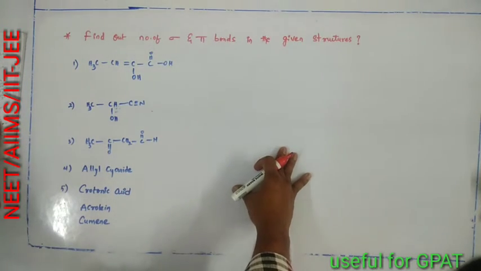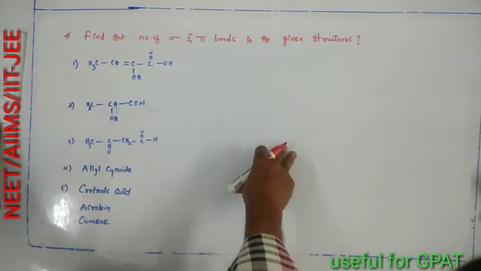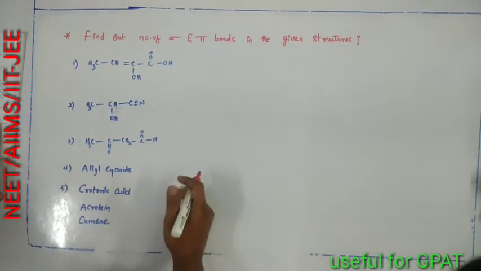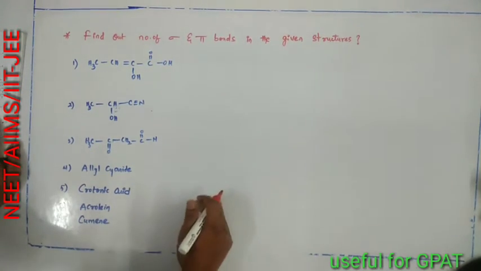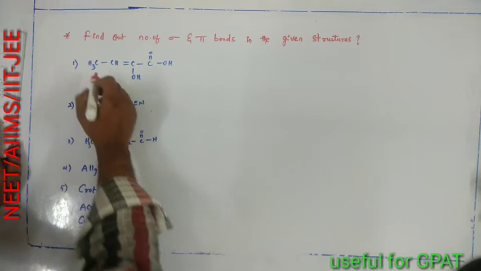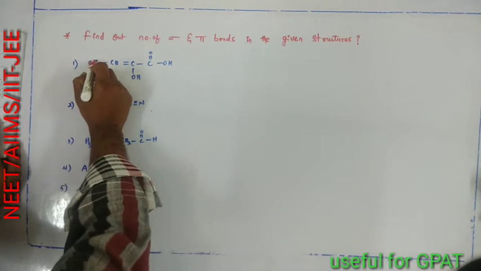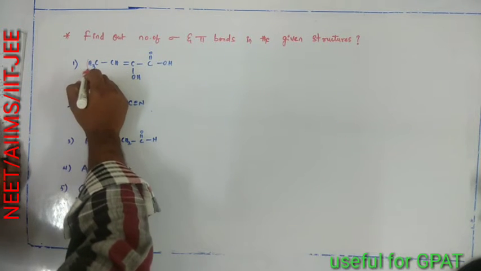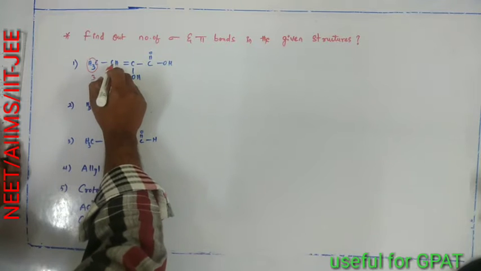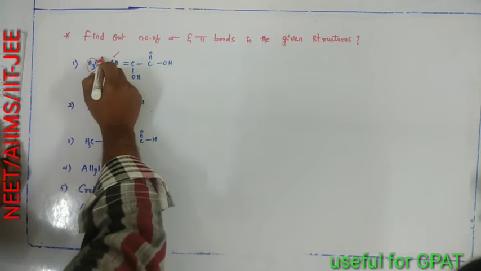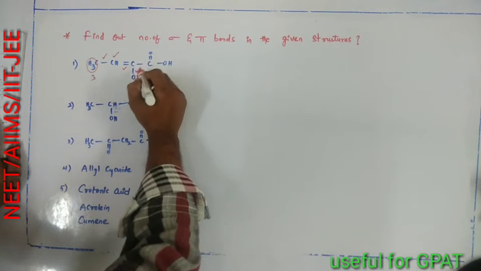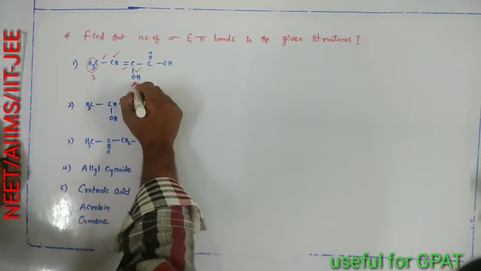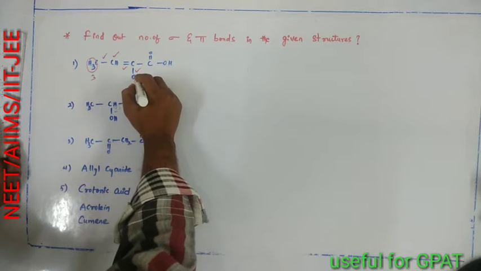Find out the number of sigma and pi bonds in the given structures. Here we have a few structures. We need to find the number of sigma and pi bonds present in them. In the first one, CH3 carbon has sigma bonds with the 3 hydrogen atoms, so 3, and here 1, and here also 1, so 5, 6, 7, and between oxygen and hydrogen one more sigma bond is present.